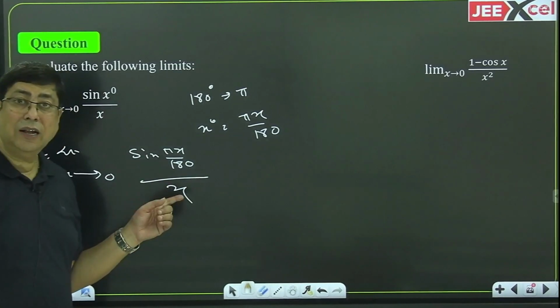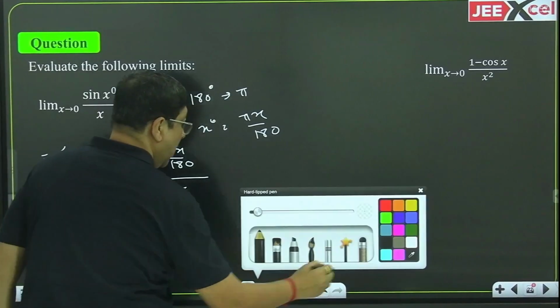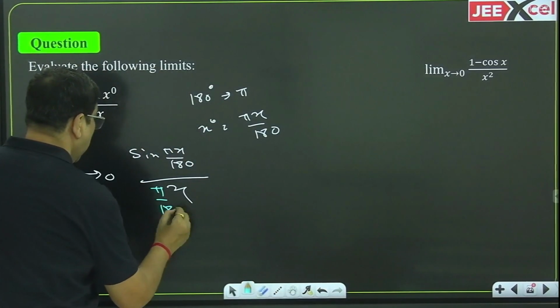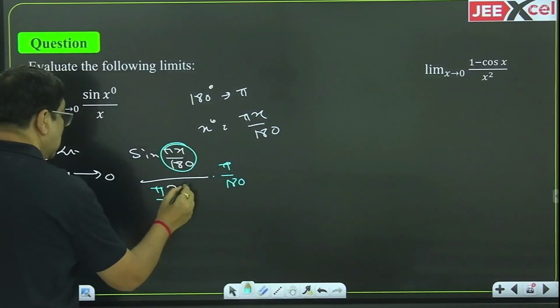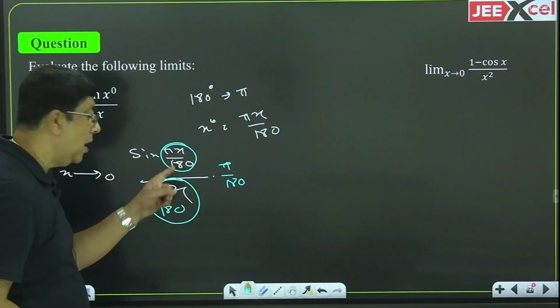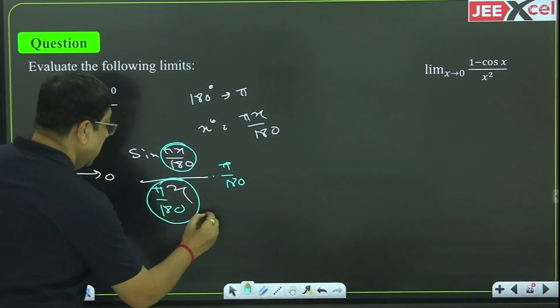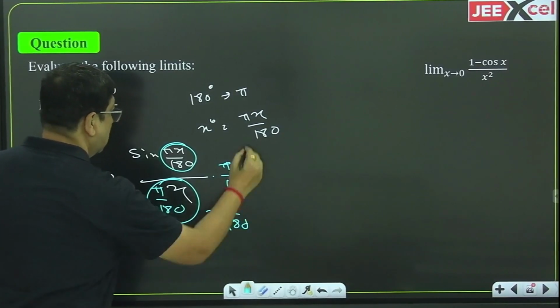But once again the condition is that this and this should be the same. So what we'll do here? Multiply by pi by 180 and balance. So this and this are same and this should tend to 0, because if x is 0, pi x by 180 is also 0. So this is coming 1. So pi by 180 is the final answer.